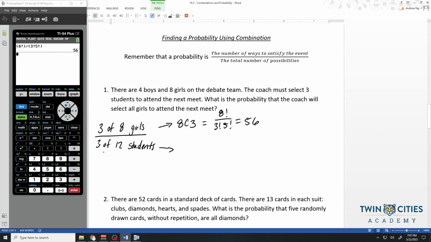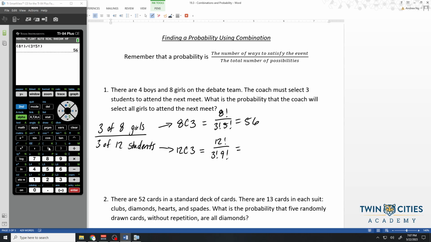All right, now the total number of ways to choose 3 students out of 12 is 12C3. In this case, we'd have 12 factorial over 3 factorial, and then 12 minus 3 would be 9 factorial. So let's do that same thing.